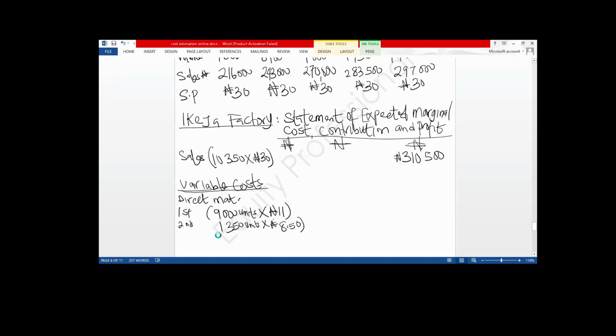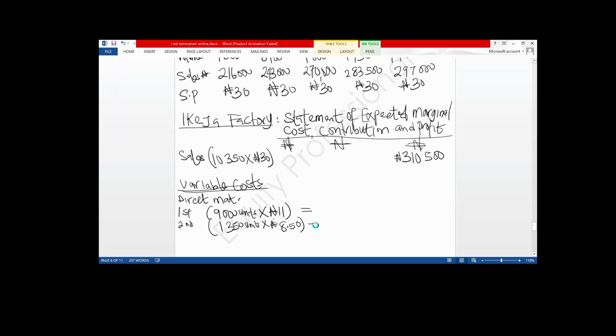So you are going to separate it. The first 9,000 units is under 100%. The extra that will now make 10,350, that is 1,350, is going to be the extra units above 100%. So I'm now going to calculate your material cost.